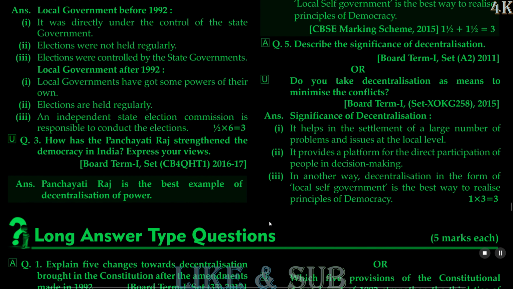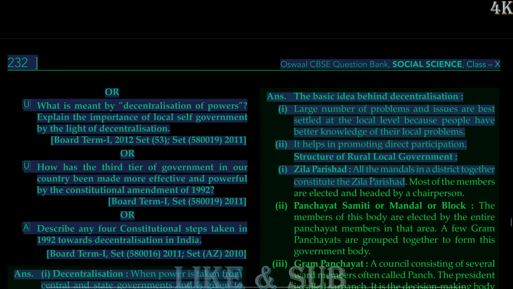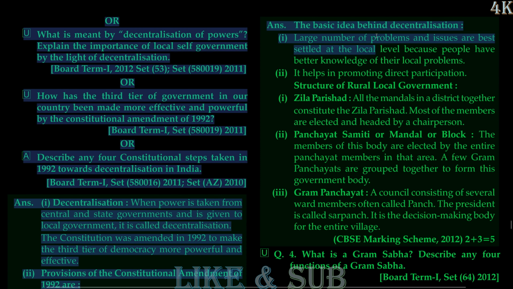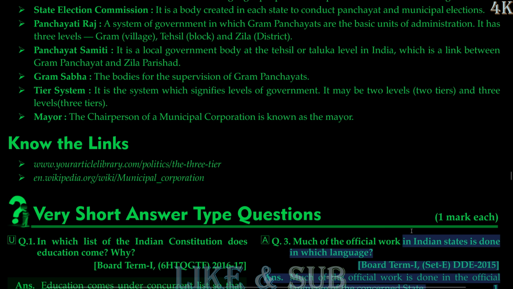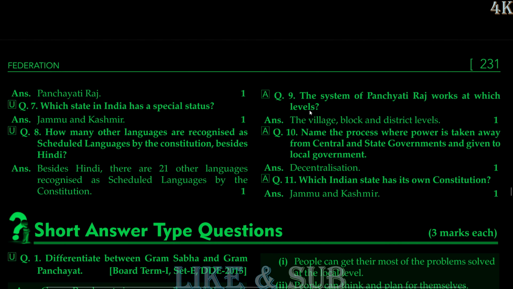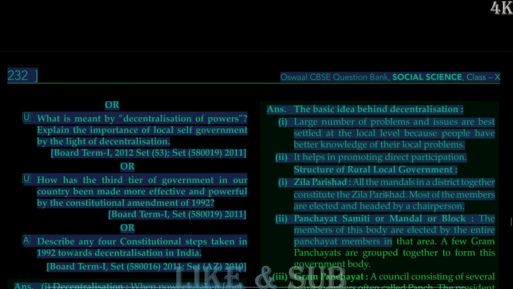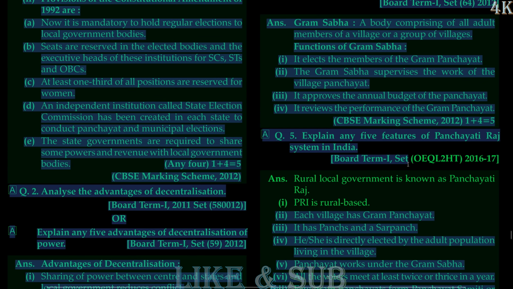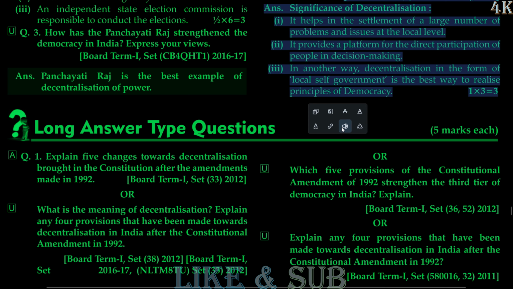Board Term I, 2016-17. Answer: Panchayati Raj is the best example of decentralization of power. 1.